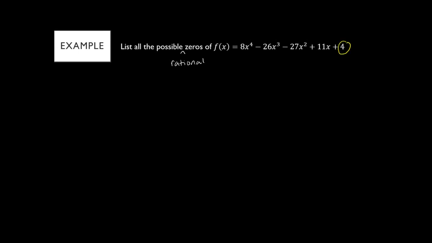So the last number, the factors of 4 give us p. So p are the factors of 4. Those are all the numbers that divide evenly into 4. So that's 1, 2, and 4.